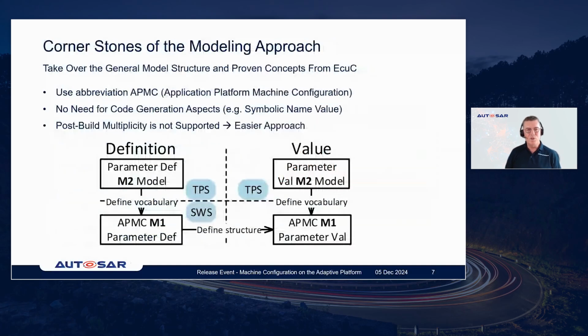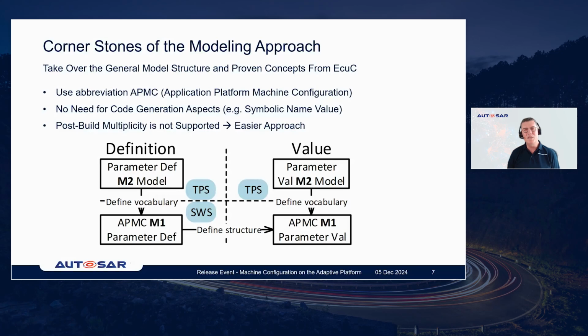So let's now switch to the impact of this new approach to the standardization. As I mentioned before, I already mentioned the term ECUC, which is used on the classic platform, which is basically the role model for our new approach. This is more or less taken over into APMC, but in a much simpler form.